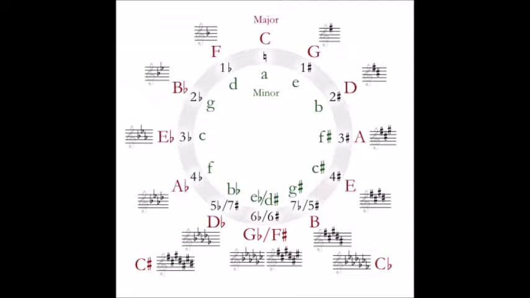These tell you how many sharps or flats there are, or in the case of C, all naturals. This circle of fifths is a helpful diagram to refer to when writing melodies for your chord progressions or deciding which chords or notes fit together and make a sensible key.